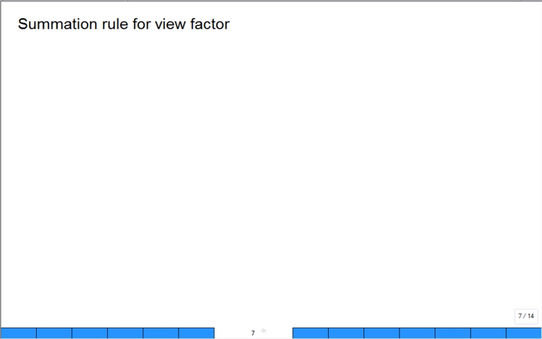Well, there's two rules which come into play. One is called the summation rule. Think about a surface, let's say 1, and it's in an enclosure made up of another surface 2, another surface 3, and another surface 4. Four surfaces make up the enclosure. Now you say to yourself, the fraction of the photons that leave 1 and hit 2, plus the fraction of the photons that leave 1 and hit 3, plus the fraction of the photons that leave 1 and hit 4.